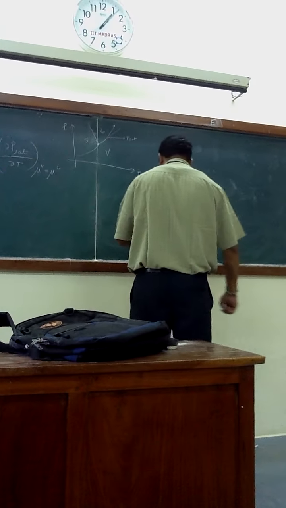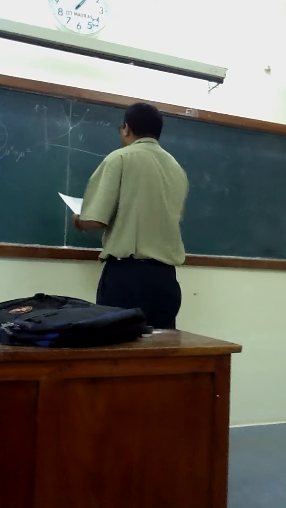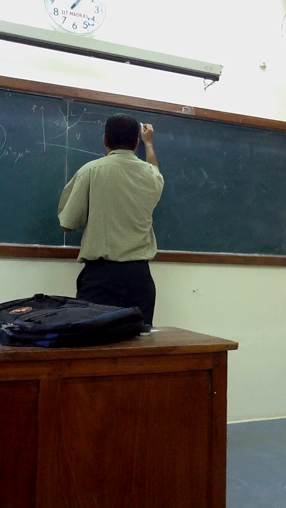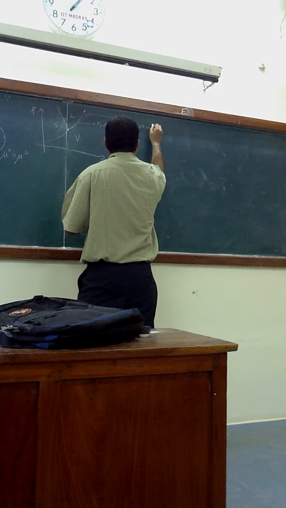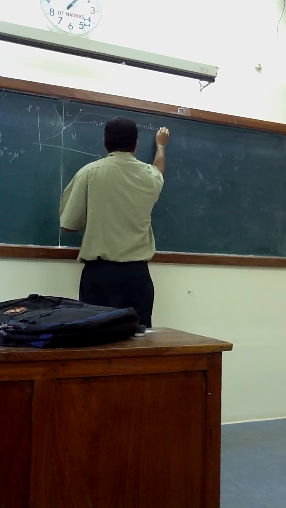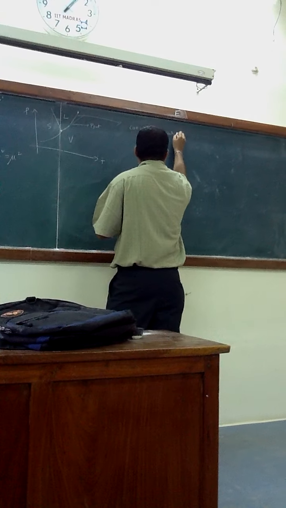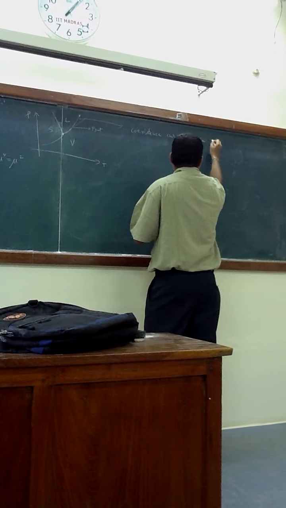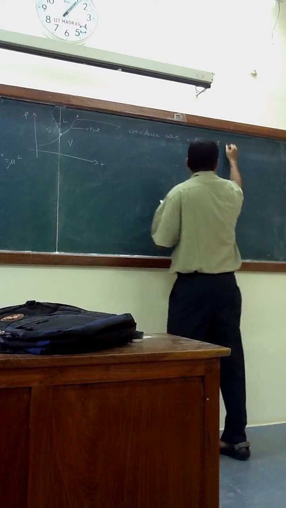And this slope, this line, what it does, is the coexistence curve in the PT plane.